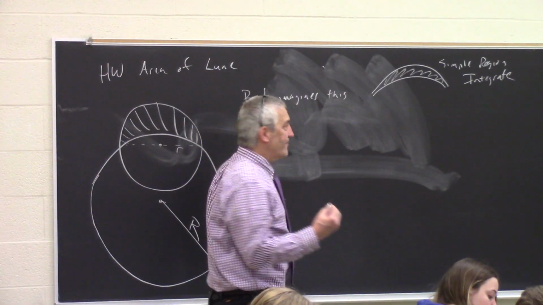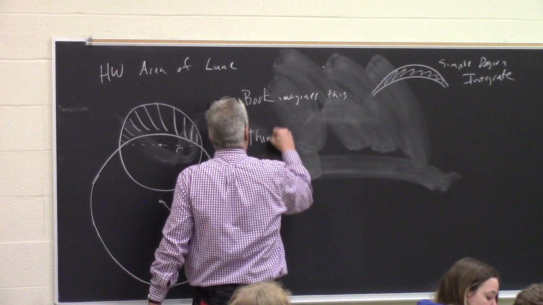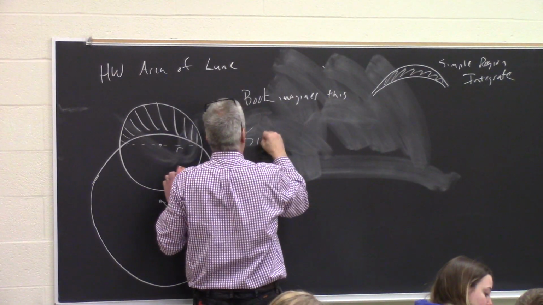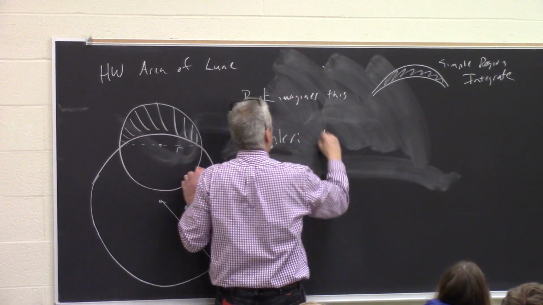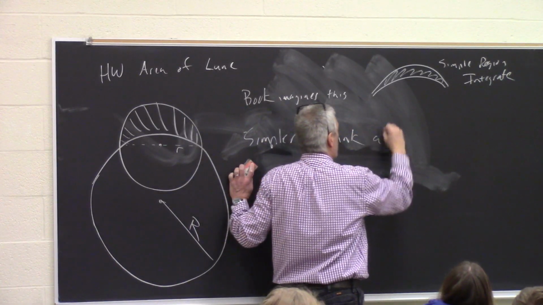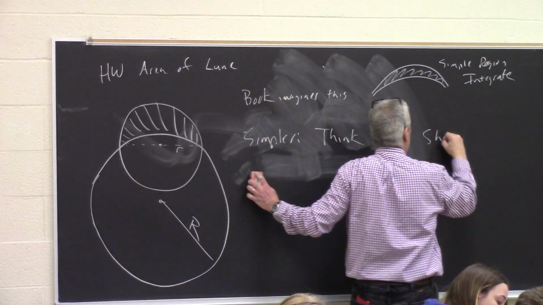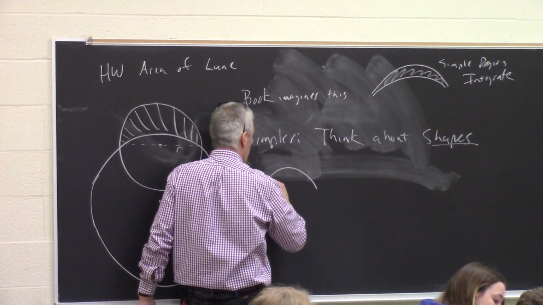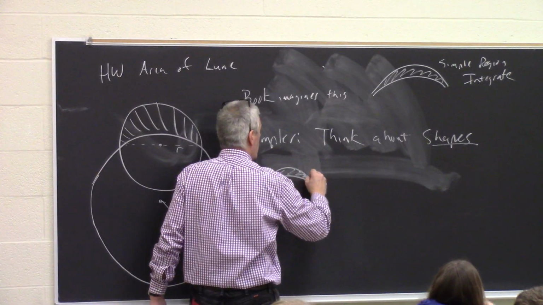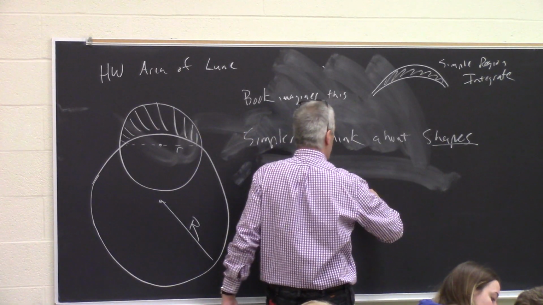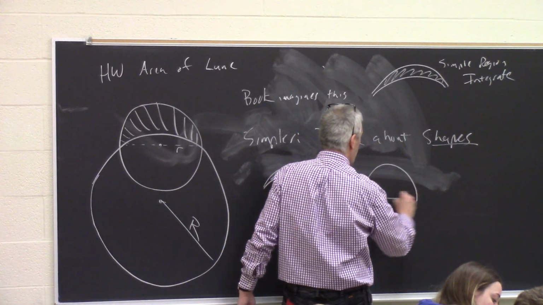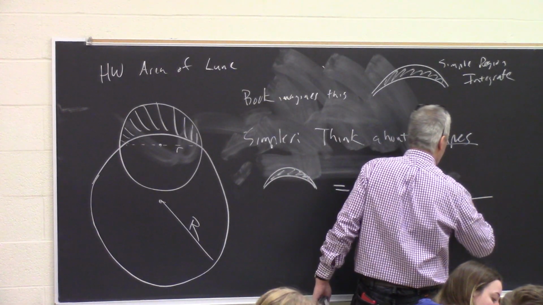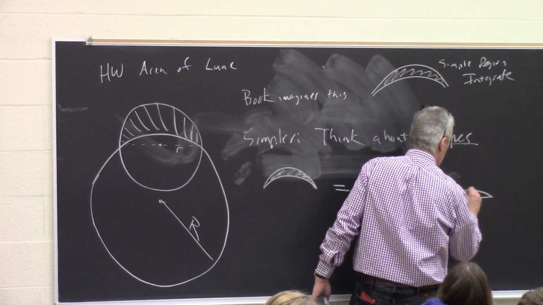But think about ice cream. So simpler, think about shapes. So this loon, you can do kind of an arithmetic with shapes. It's this semicircle minus this little yarmulke.